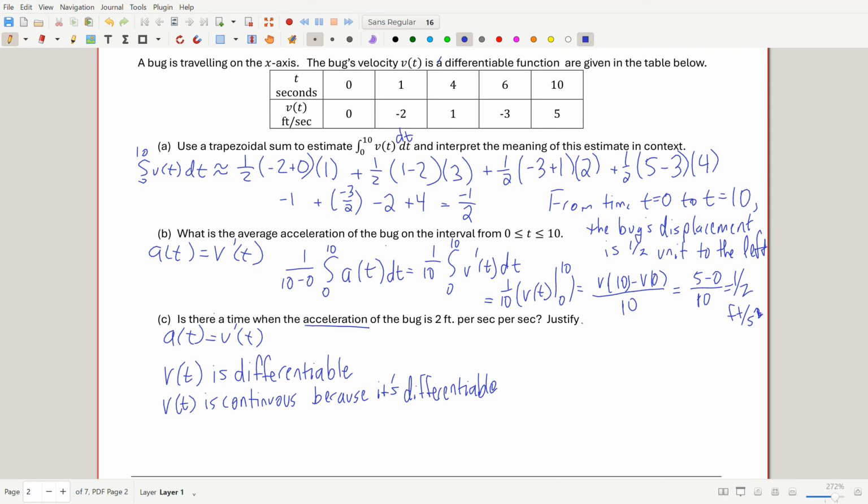So time went up by 4, velocity went up by 8. There it is. So then I'll just write that out from scratch. V of 10 minus V of 6 over 10 minus 6 equals 5 plus 3 over 4.